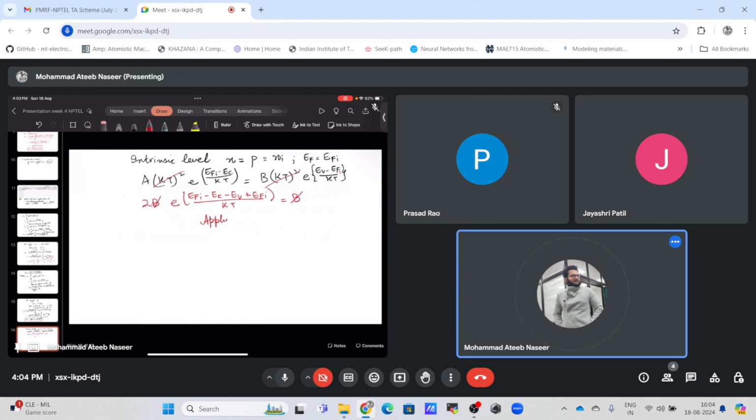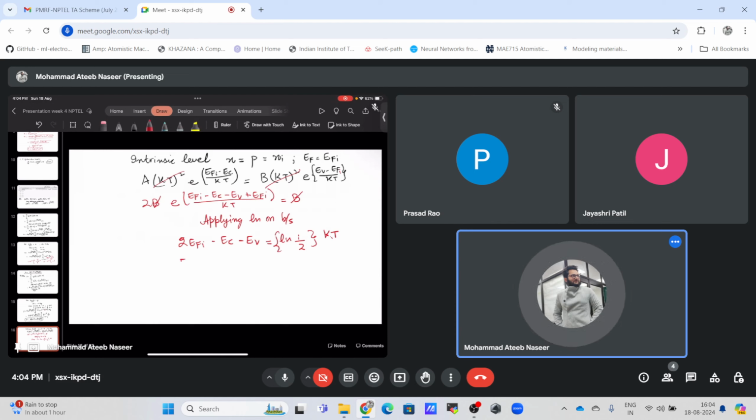Applying ln on both sides, we get 2 times EFI minus EC minus EV is equal to ln of 1 by 2 times kT.